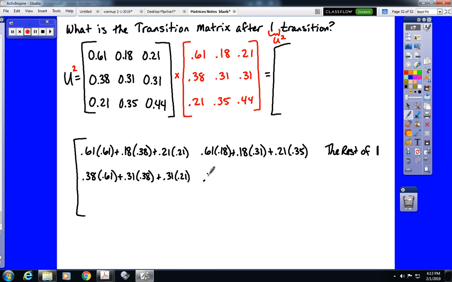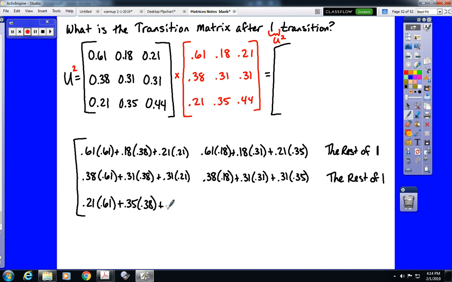Then row 2 times column 2, which is 0.38 times 0.18, plus 0.31 times 0.31, plus 0.31 times 0.35. And again, the third entry in that row will be the rest of the 1. Then we'll do that one last time with row 3. Row 3 times column 1, which would be 0.21 times 0.61, plus 0.35 times 0.38, plus 0.44 times 0.21.